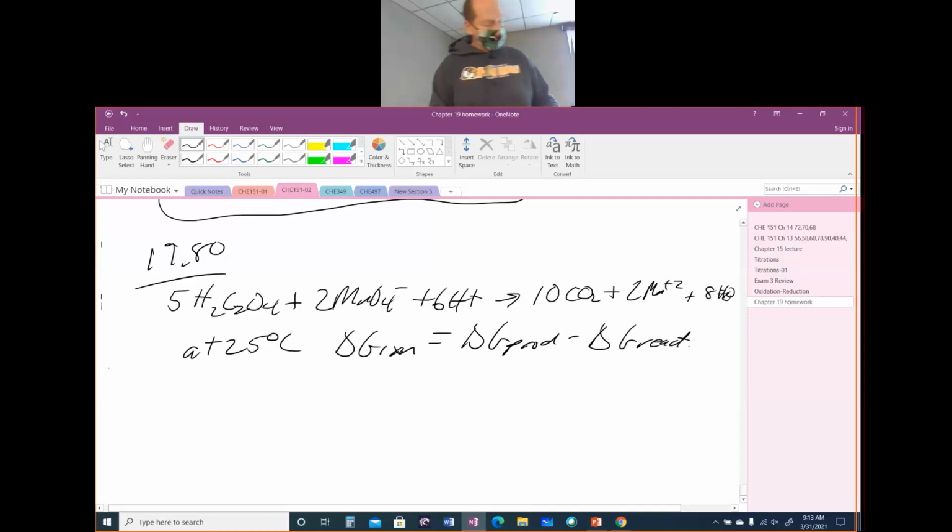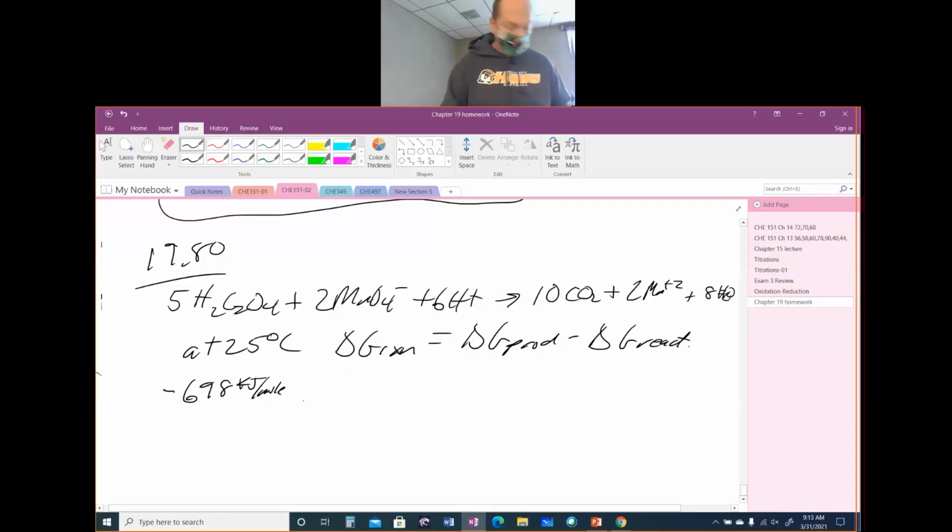All right, so you're going to find all of your numbers from Appendix C. For your oxalic acid, it is negative 698 kilojoules per mole. That one actually had to be given to you. That was given to you in the problem. It is not listed in Appendix C in the back of the book, so they had to give that to you.